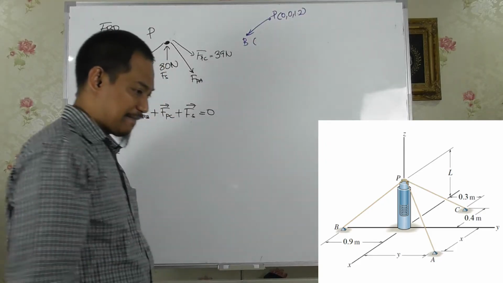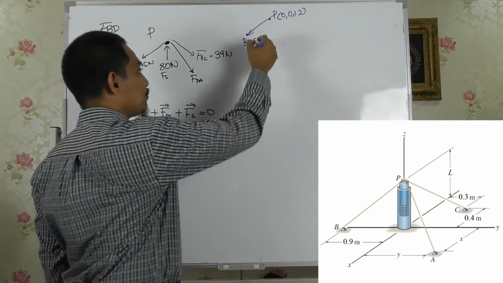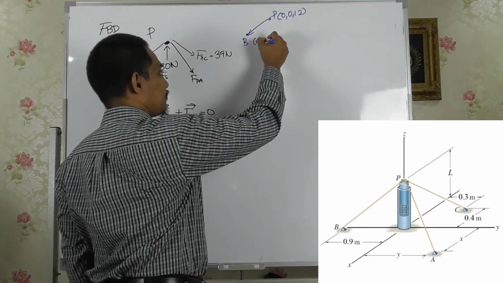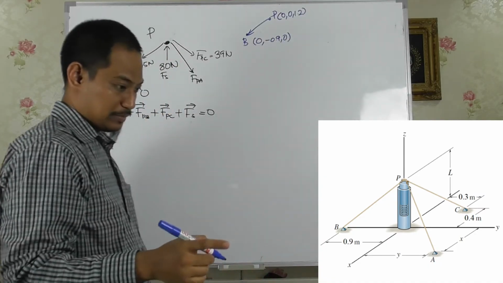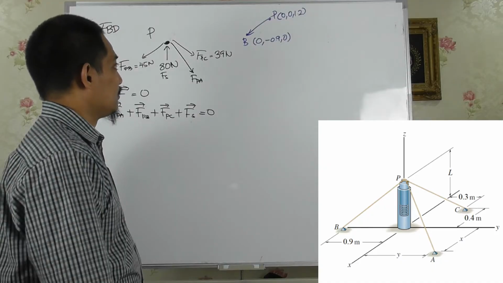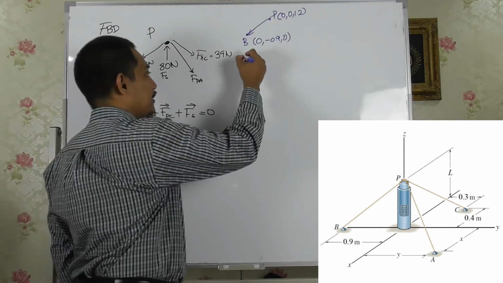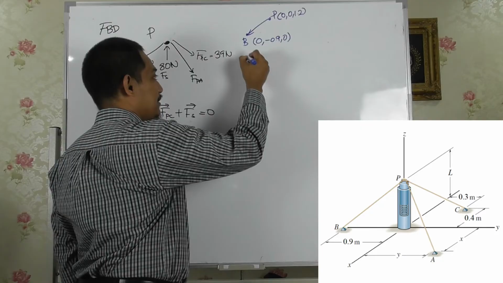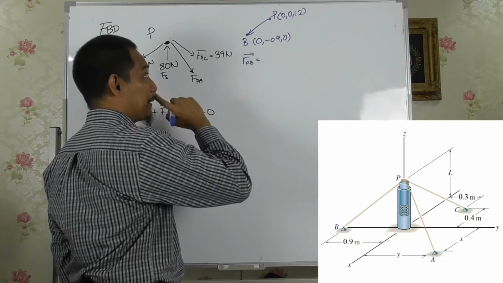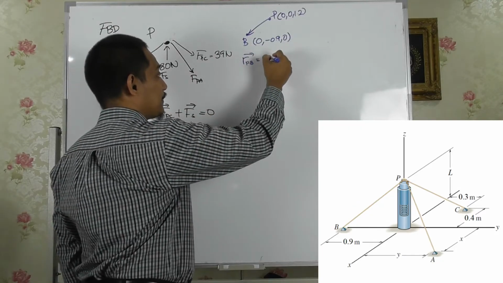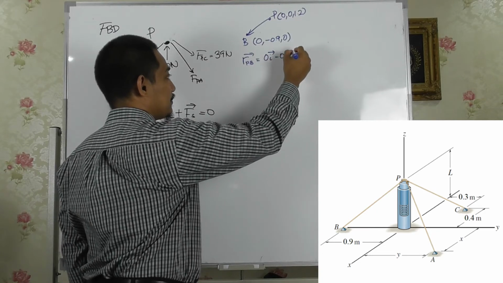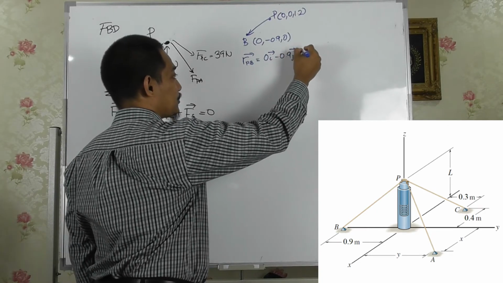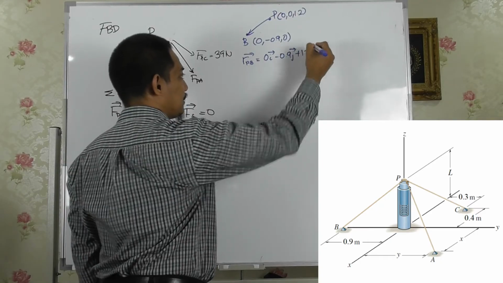Point B is 0, minus 0.90, 0. So from here, RPB would be 0i minus 0.9j plus 1.2k.